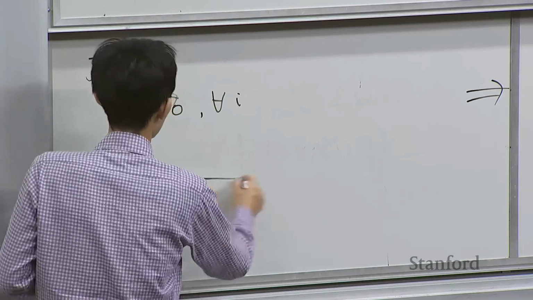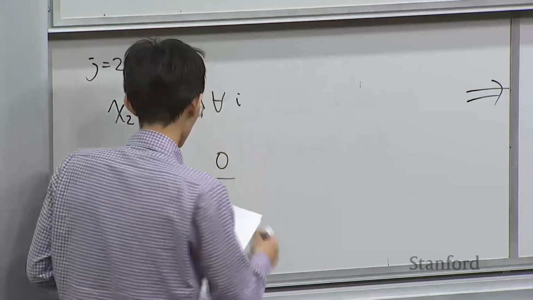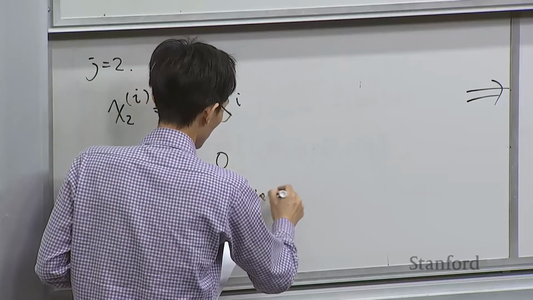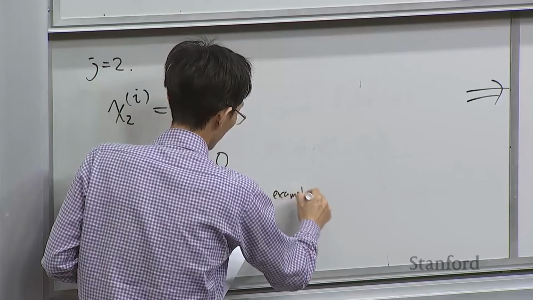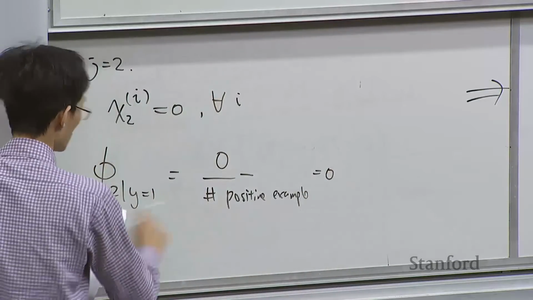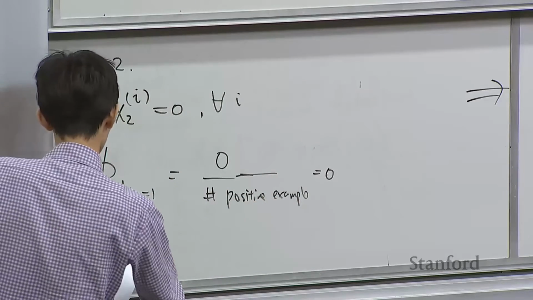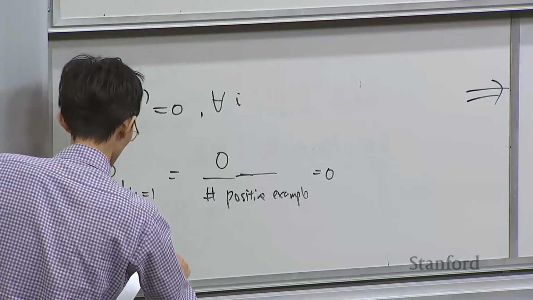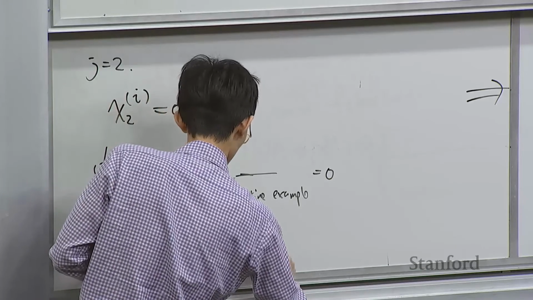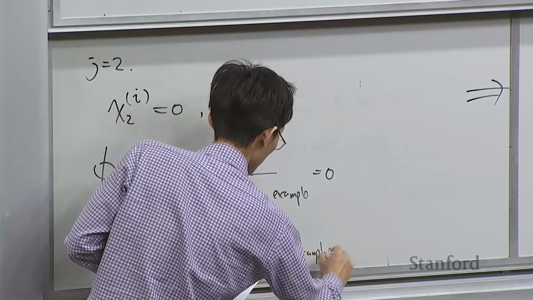So this will be 0 because no occurrences of the second word divided by the total number of positive examples. And this will be 0. That's still fine. So far it's not a problem. So 0 divided by a positive number, that's fine. And phi 2y0 is the same. It's 0 over the total number of negative examples. This is also 0.